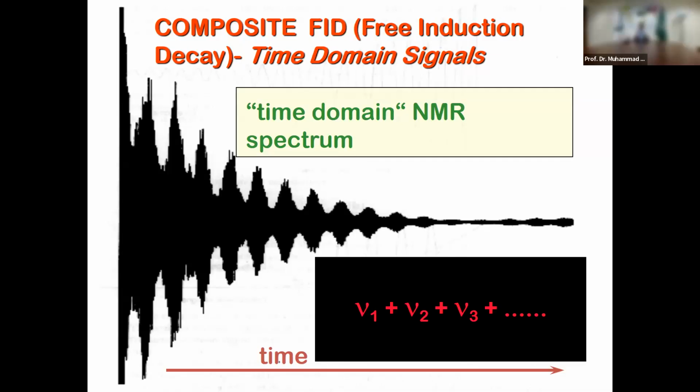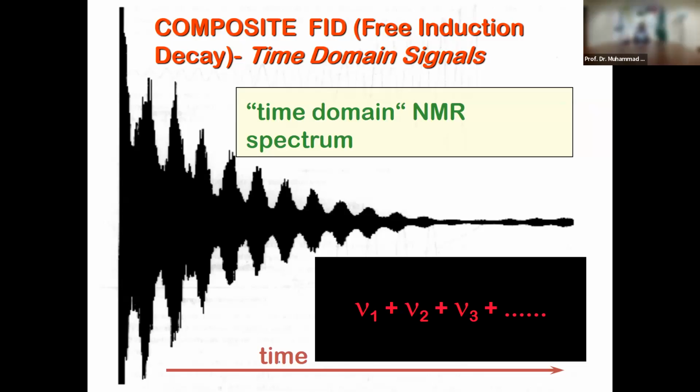And then you see a pattern like this, and this is the free induction decay in the time domain. So you see, this is a time scale in which these resonance frequencies or Larmor frequencies eventually go up and relaxation takes place. So during this process of relaxation, free induction decays are recorded by the detector.